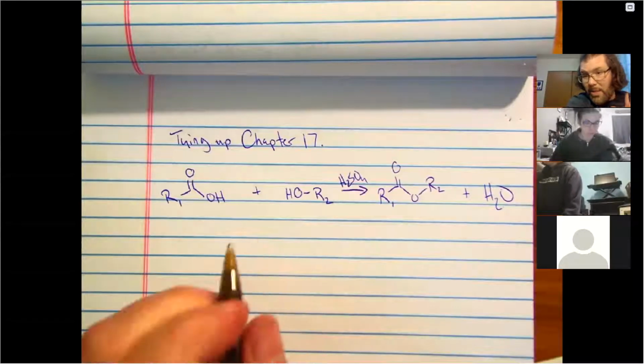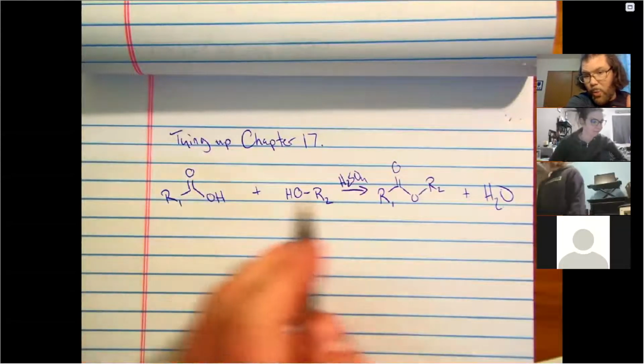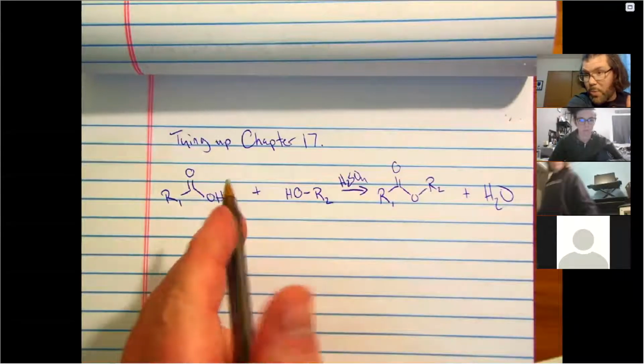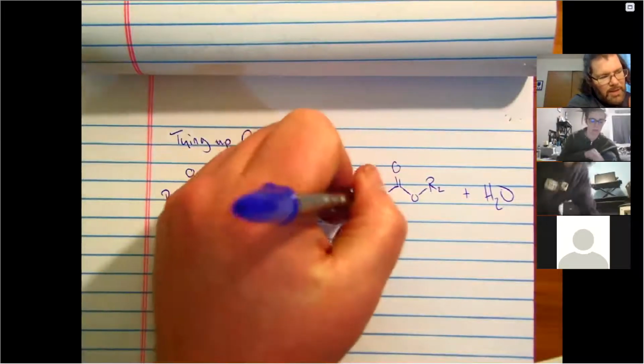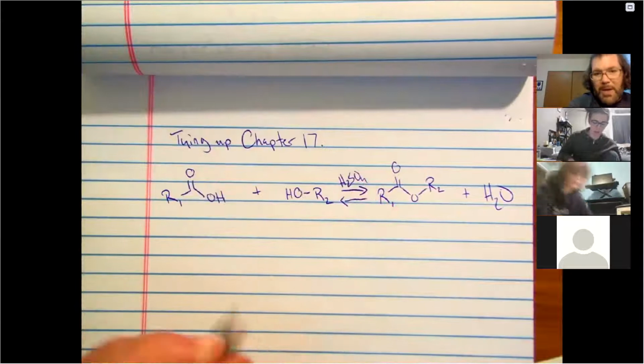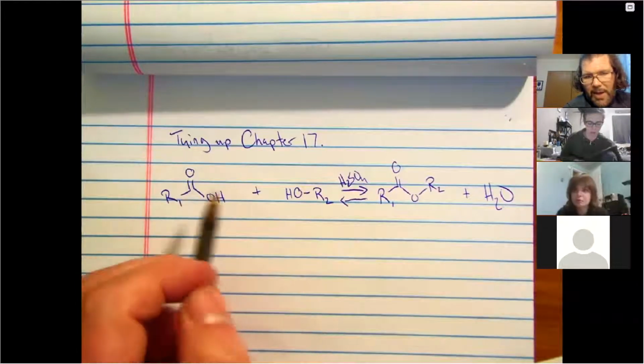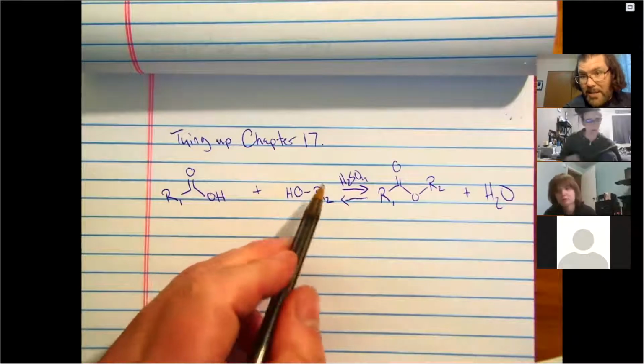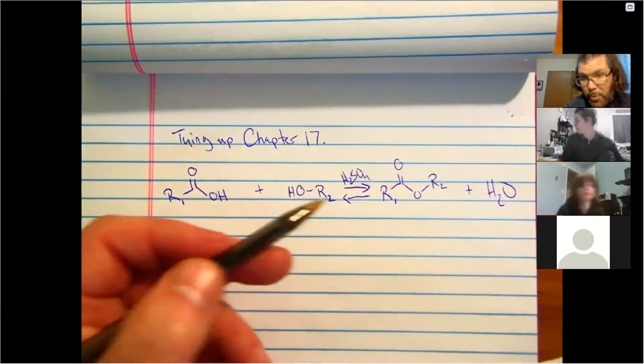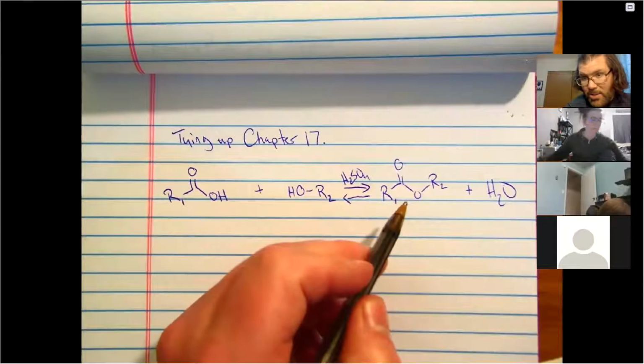Now, here's the key thing. You can get 2 for 1 with this reaction if you remember it this way, because this is an equilibrium reaction, which means that if we want to make an ester from a carboxylic acid, we put an excess of alcohol in there to push the reaction to the right and make ester.